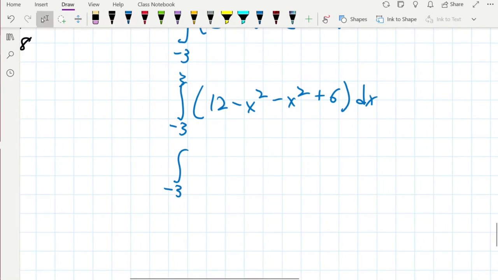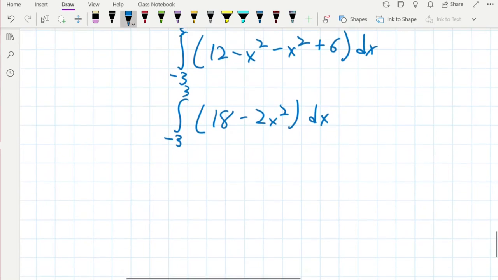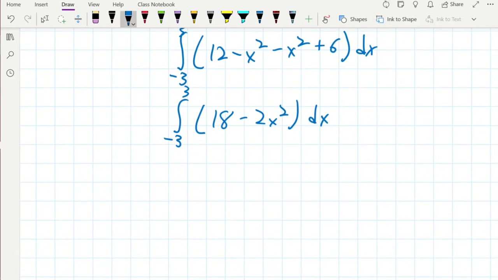And that'll be from negative 3 to 3 of 18 minus 2x squared, which also happens to be an even function. And we can factor a 2 out. So we're going to have 4 times, actually this will be 0 to 3 of 9 minus x squared dx.